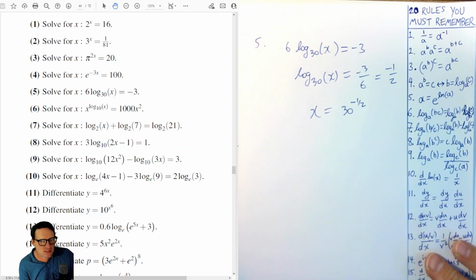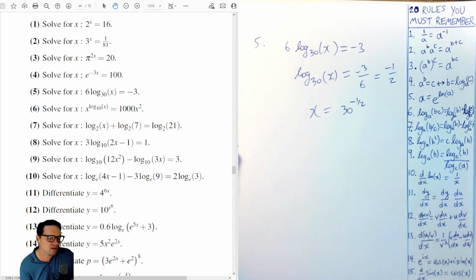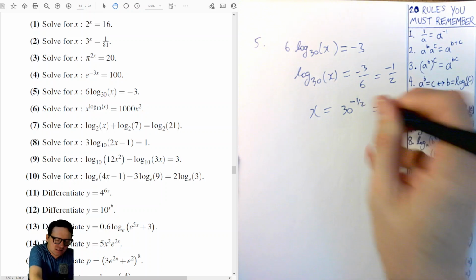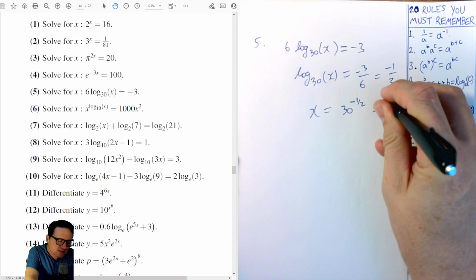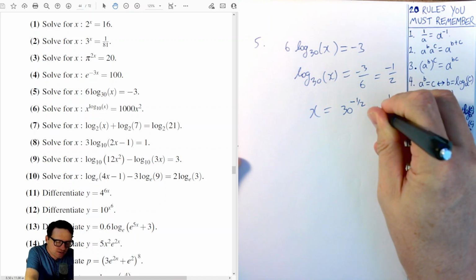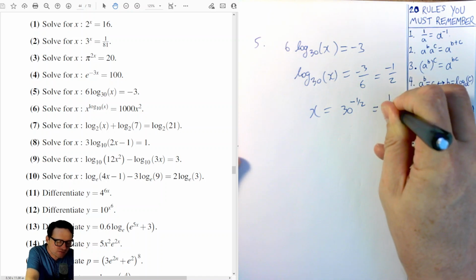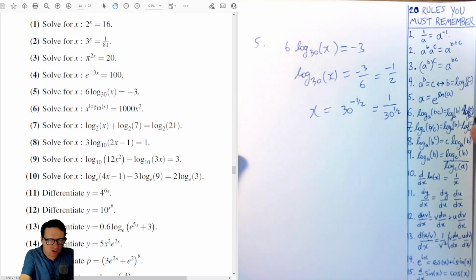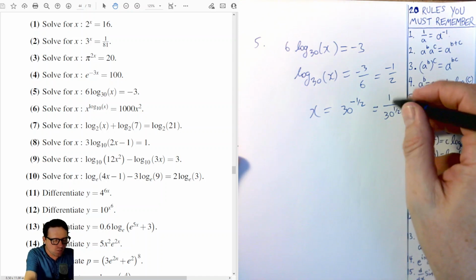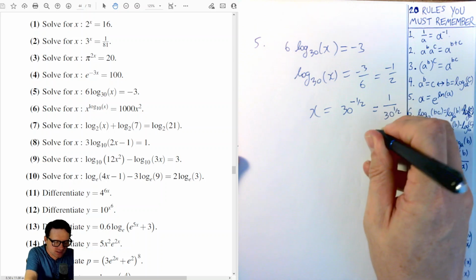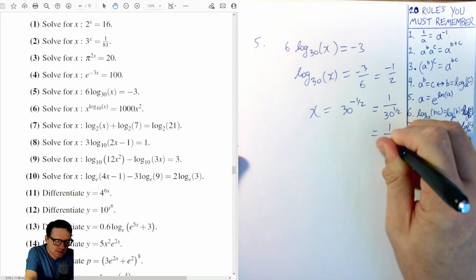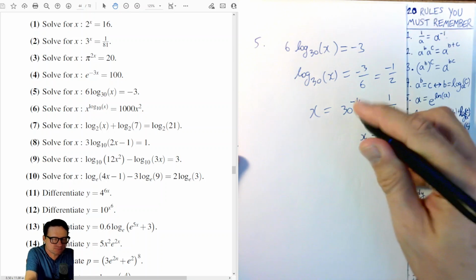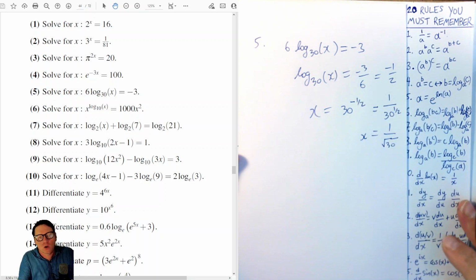Now I can put this in perhaps a more familiar way by saying that this is, and then I'm using this rule number 1, so we have 1 over 30 to the power of 1/2. And then 30 to the power of 1/2 is the square root of 30. So we have 1 on root 30 is our x. Okay, so let's move on now to question 6.